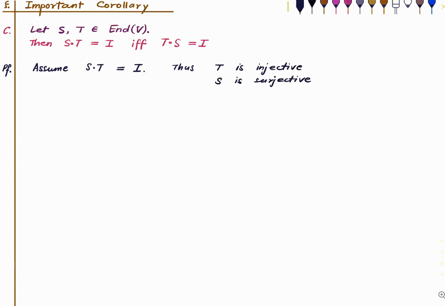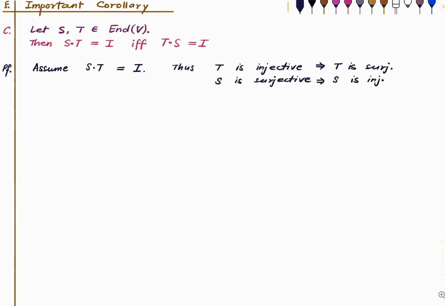This is a set theoretic statement. If this happens to be identity, nothing to do with linear algebra, it automatically forces that T is injective and S is surjective. But since T is a linear endomorphism, this implies T is also surjective and S is also injective.